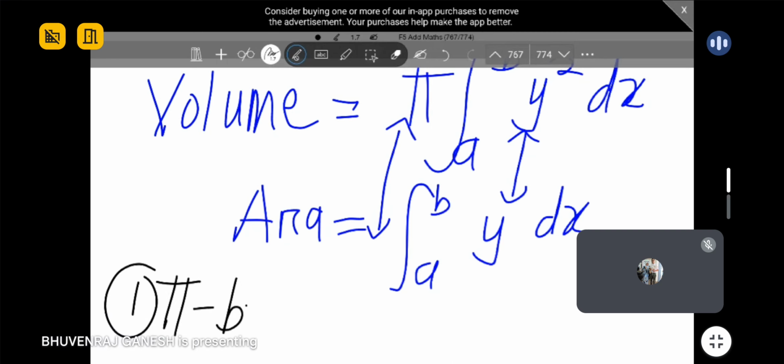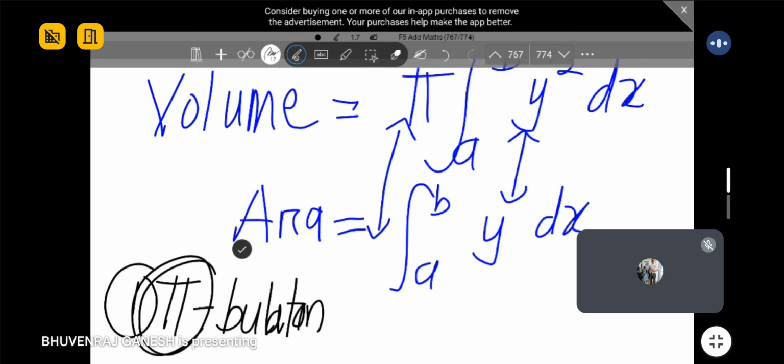Remember guys, pi merujuk kepada bulatan. Guys, common sense. Bila kamu putarkan sesuatu, tak kira apa-apa bentuk dia, when you rotate something, regardless of the shape, kamu akan dapat bulatan. Am I right? When you rotate something, definitely you have a circle. Common sense. So when you have a circle, mesti kena ada simbol pi. Because pi shows you circle.